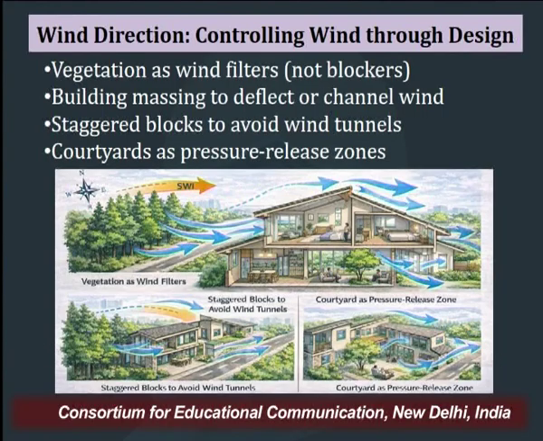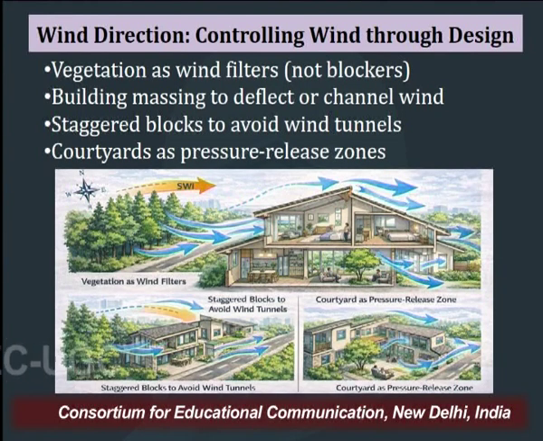So, depending upon the requirement, either we want the wind to be cooled down, or we want the wind to be of a higher velocity. Depending upon this requirement, we can always work out where to orient our fenestrations.